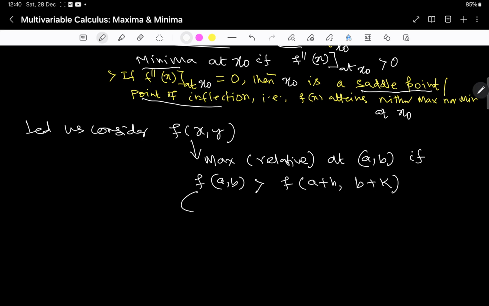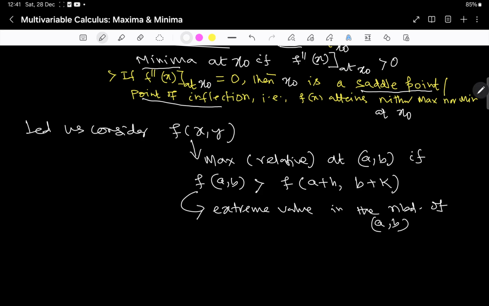This f of (a,b) is an extreme value in the neighborhood of (a,b).